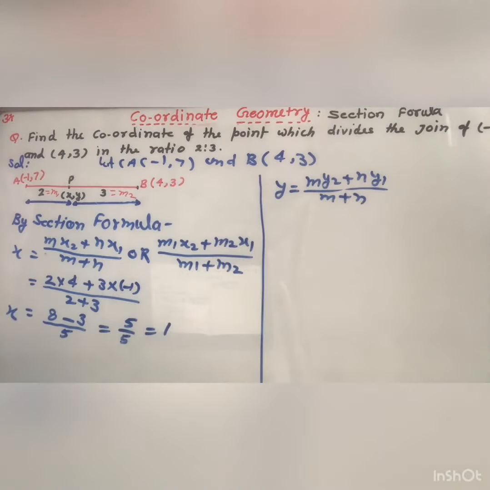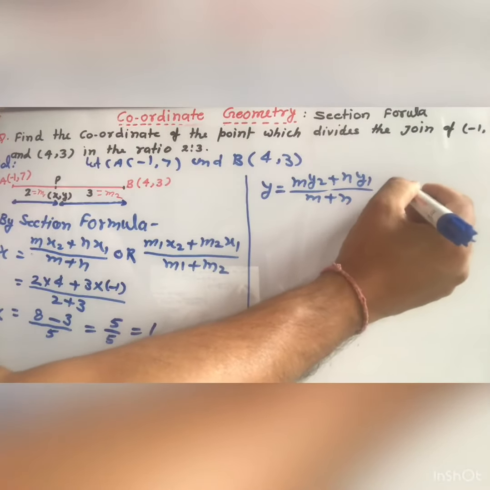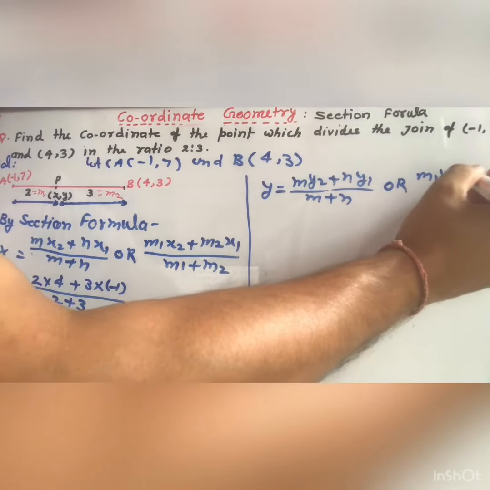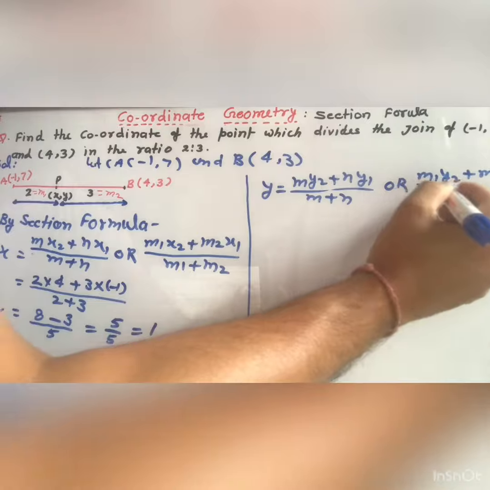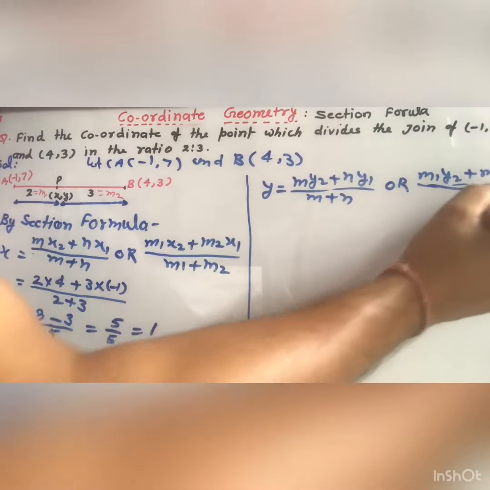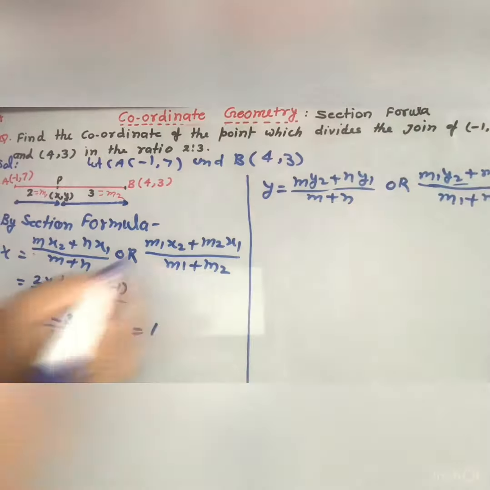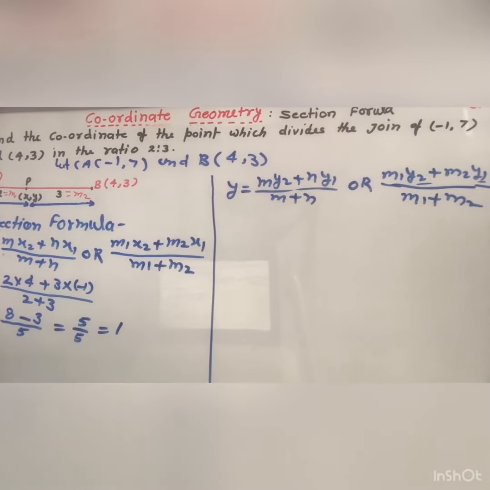Otherwise you can write the second form, m1y2 plus m2y1 divided by m1 plus m2. In either form you can write this formula.